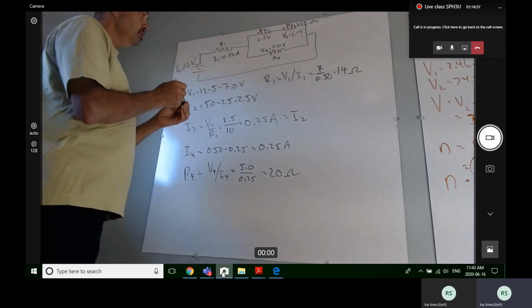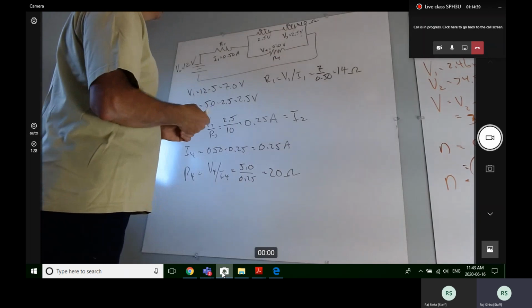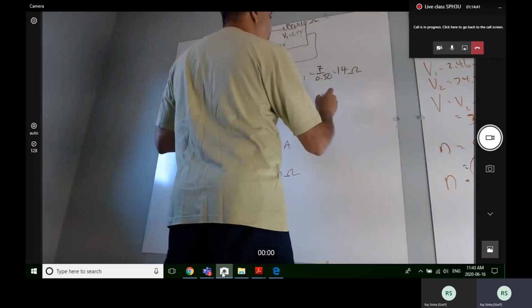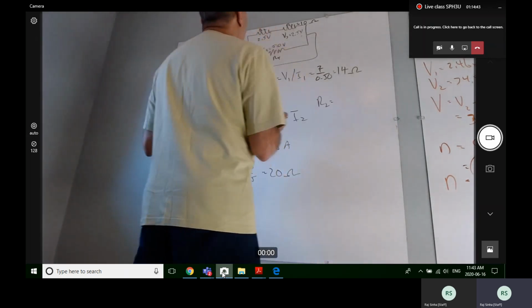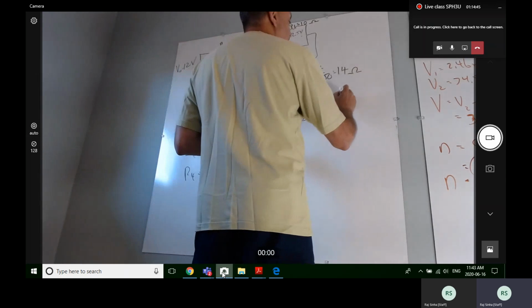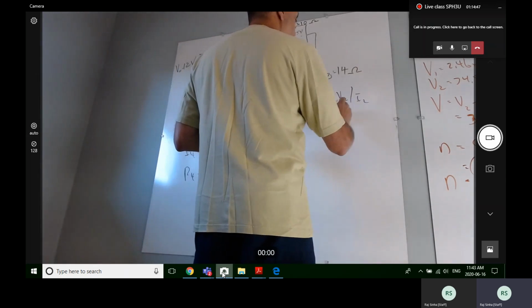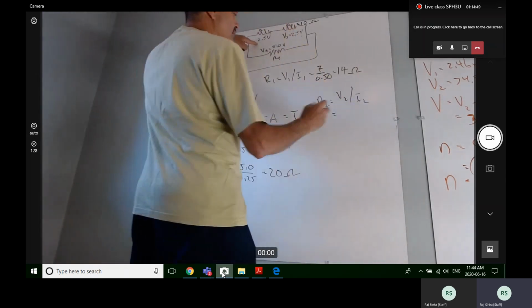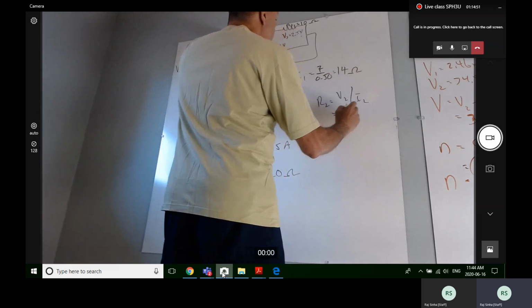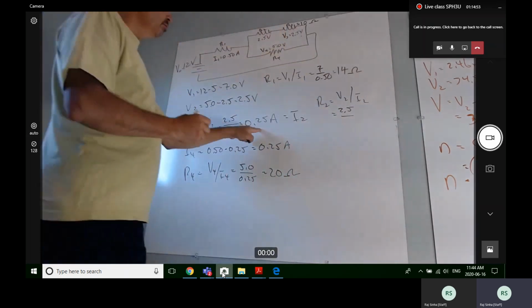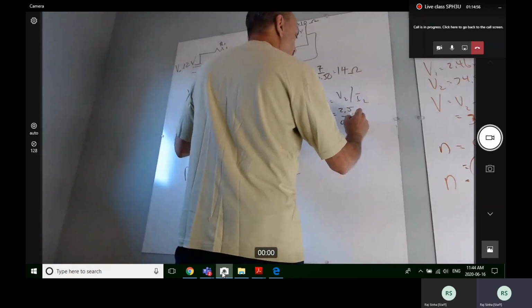So I now know my missing R2 is going to be equal to V2 over I2. V2 is 2.5 volts divided by my I2, which I know is 0.25 amps.